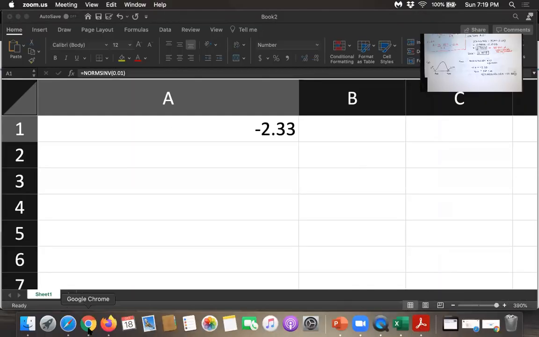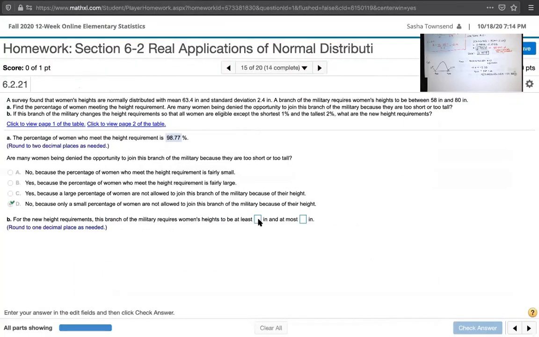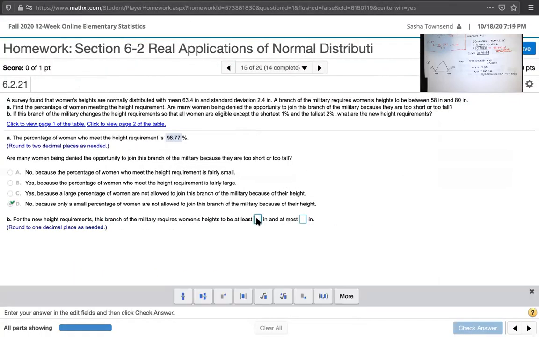So let's look at that. Yes, round to 1 decimal place as needed. So that's 57.8 inches. And then we need a maximum value, and that is the x value that separates the top 2% from the bottom 98%.